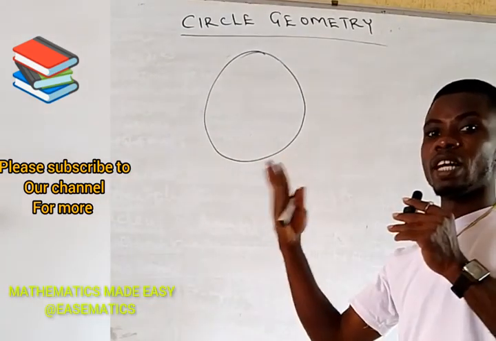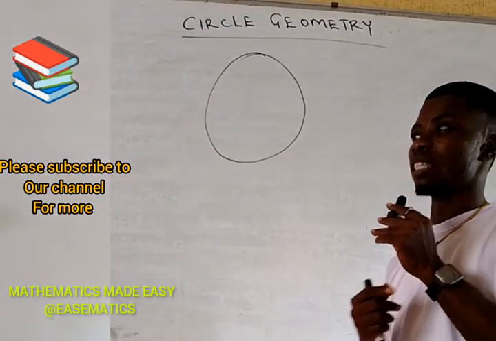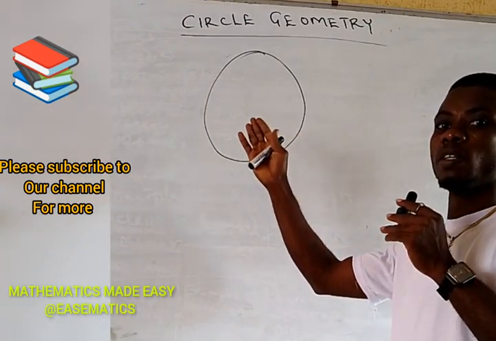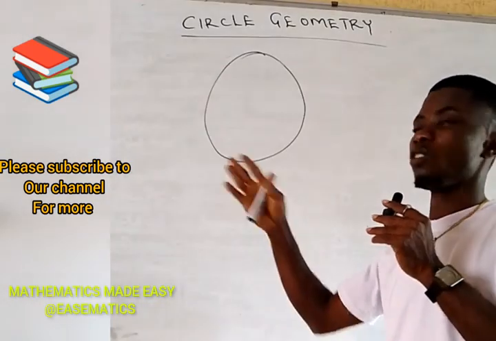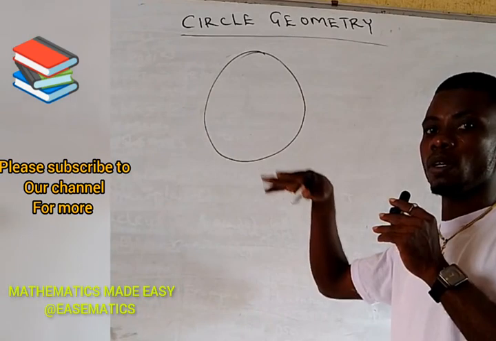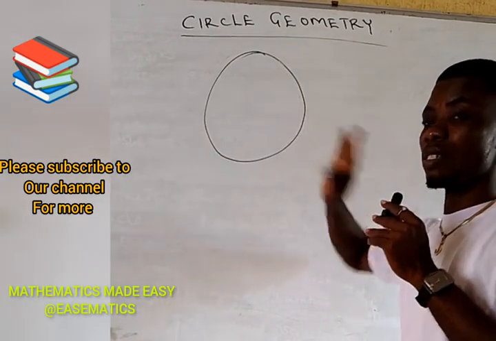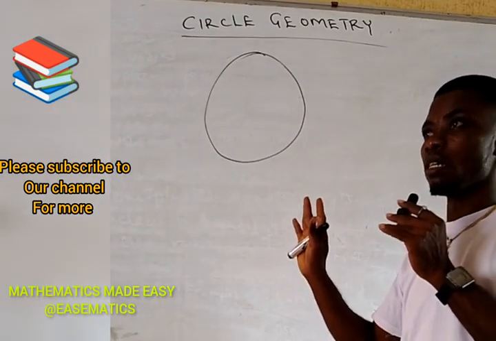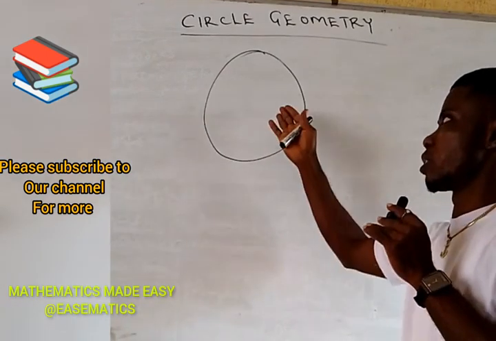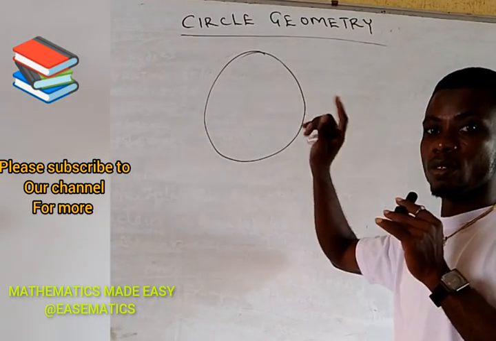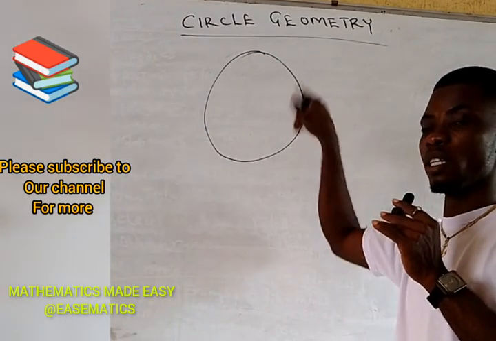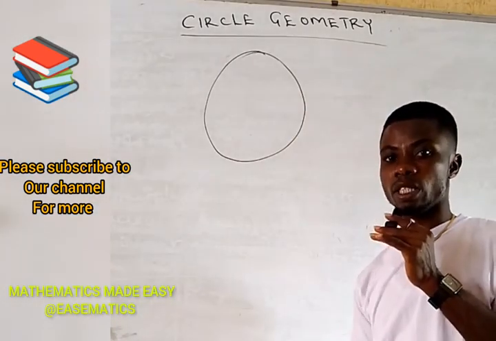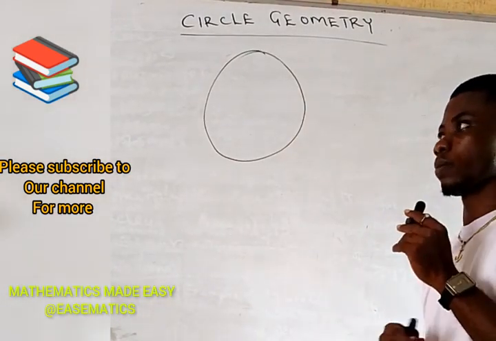Though in engineering and other areas of science, they may define it as a two-dimensional plane shape. That is one of the definitions of a circle, but of course, a circle is, in simple words, any round shaped object that has no corners.